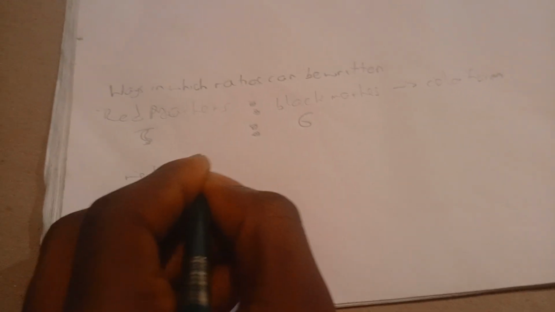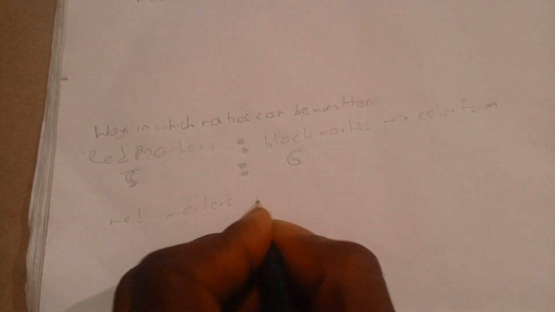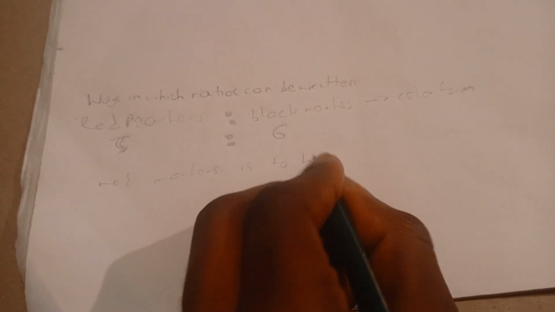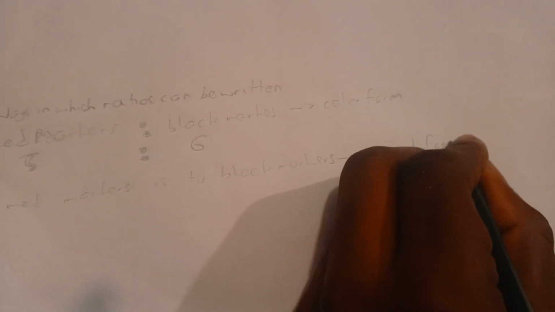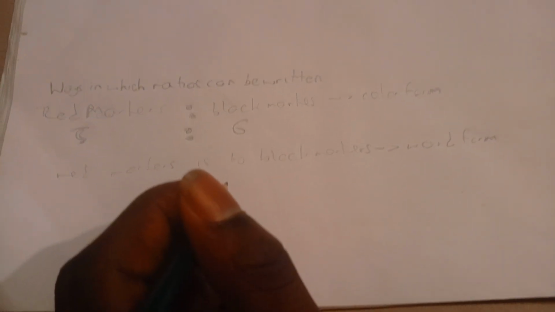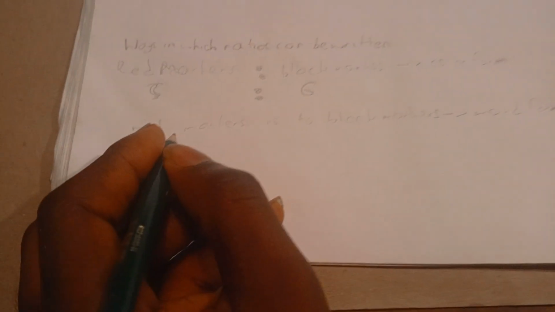We also say it as the word form, which is red markers is to black markers. The word form would be like 3 is compared to 6.